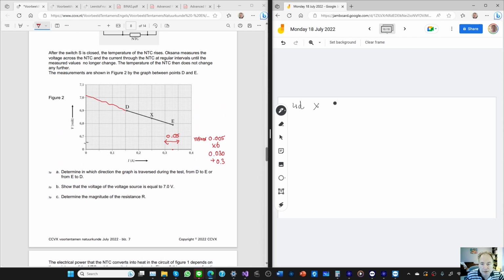So in point X, we have I equals 0.25 ampere. And the voltage is here 1, 2, 3, 4. So 6.84 volt.